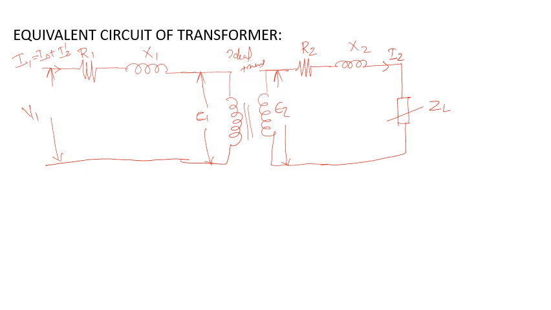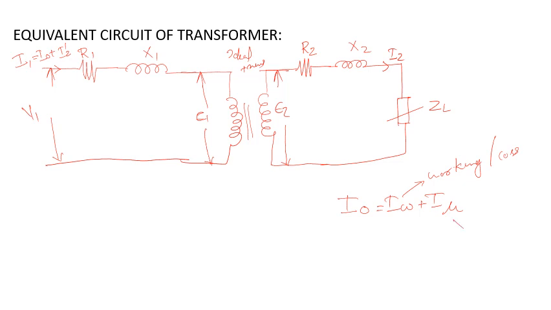At the initial condition, if we consider the no load condition, then I0 is the no load current which is flowing through the primary winding side. It has two components, IW and I mu. IW is nothing but the working component or loss component.